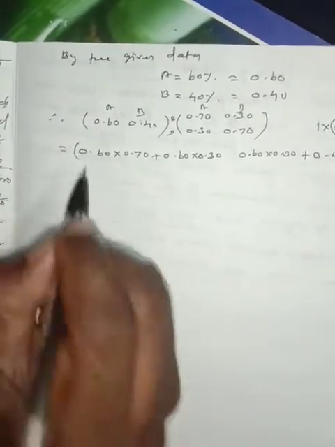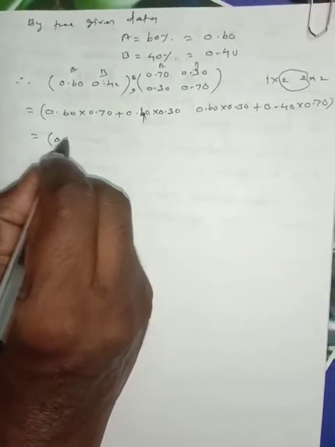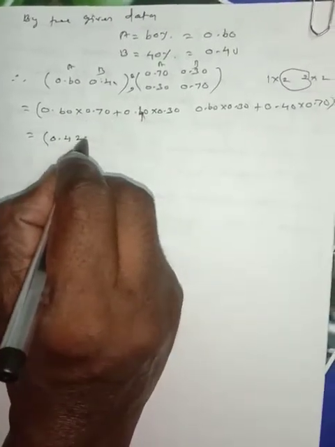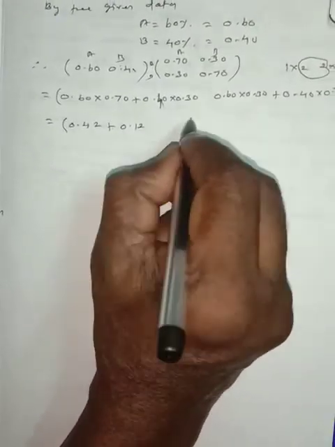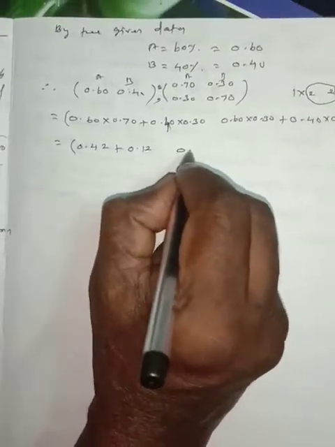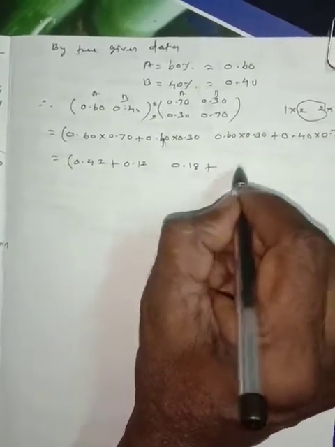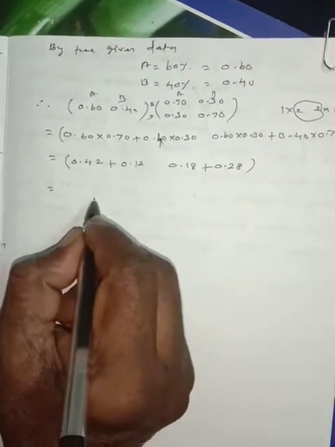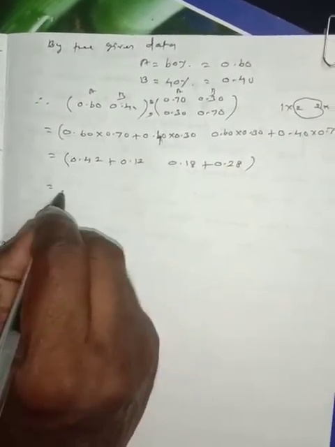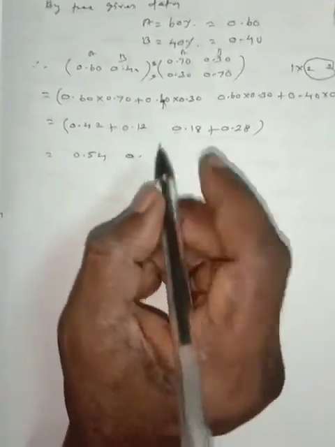The product gives 0.42 plus 0.12, and 0.18 plus 0.28, which is equal to 0.54, 0.46.